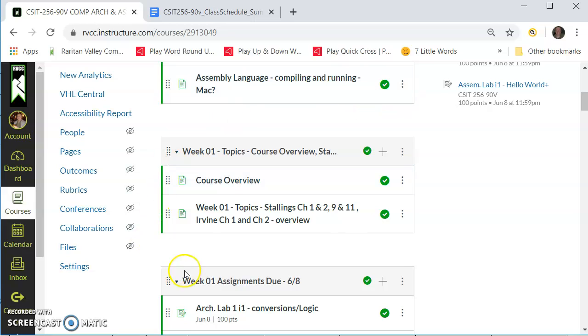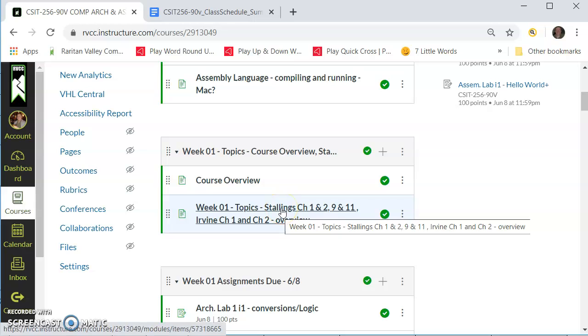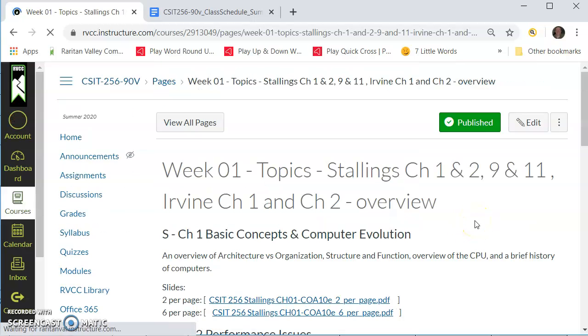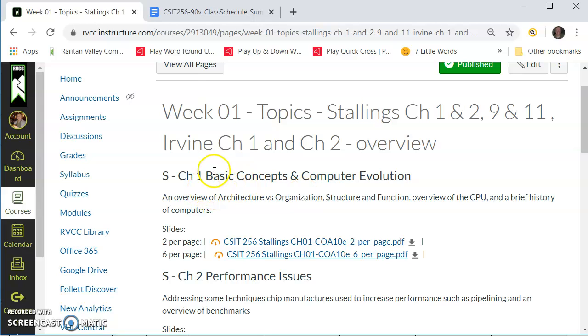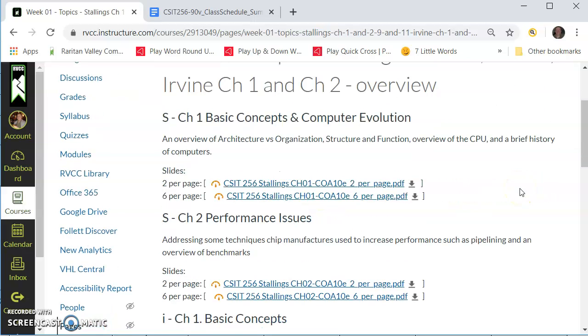A different video is going to approach it, but the modules are set up in Canvas so that all the topics for the week are loaded into one place. This being the first week, there also is the overview. A different video will tackle that. Within Canvas, there's the list of the chapter and a 1-sentence description of what's going on in a chapter.